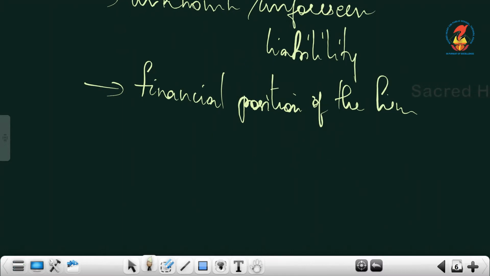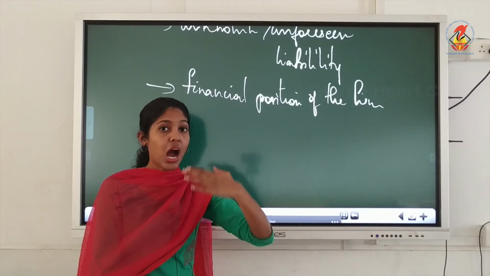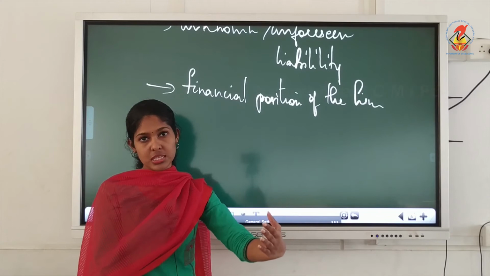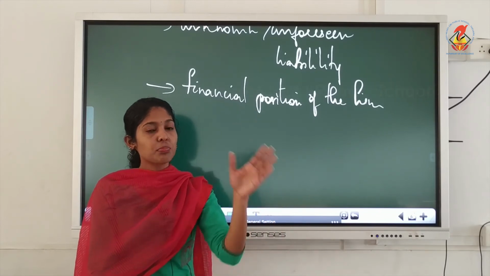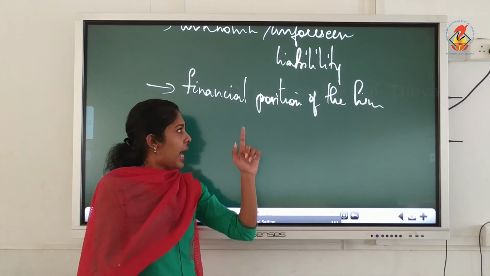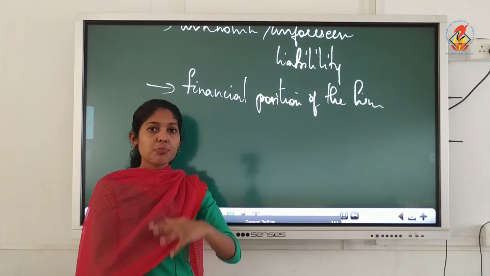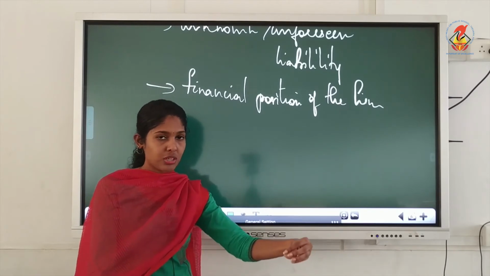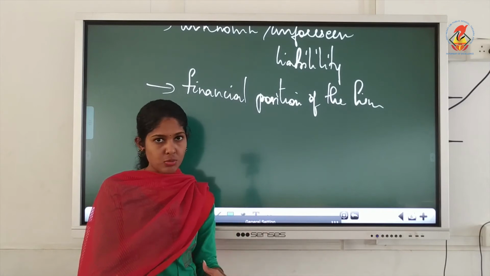That is also an amount you are keeping aside to meet any unforeseen contingencies. Suppose we have kept a reserve of 50,000.